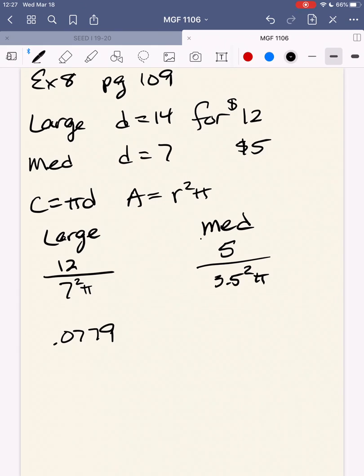For the medium, I take 5, and then 5 divided by that gives me 0.129. Which one is the better deal? In this case, it is the large pizza.